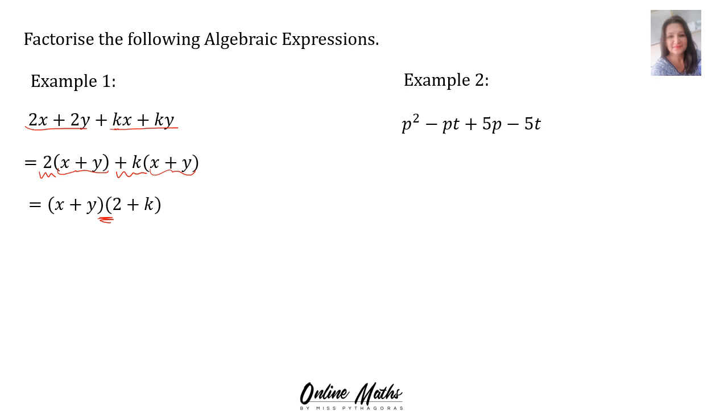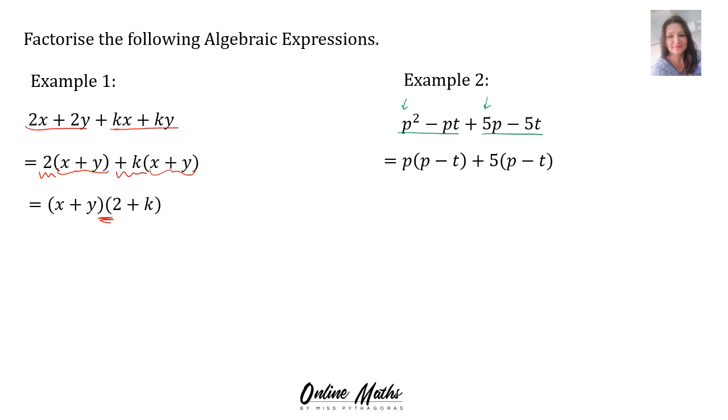Example 2. Factorize. Let's group again. When there are 4 terms, we group. So I'm going to group the first 2 together and the last 2 together. On this one, I'm going to take out p as a common factor, and there I'm going to take out 5 as a common factor. So when I take out p, I'm left with p minus t.